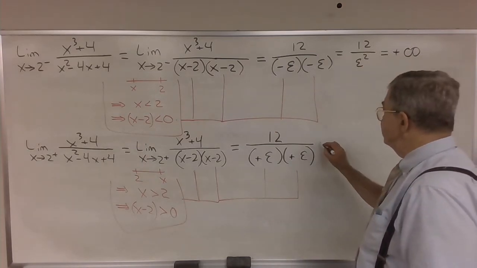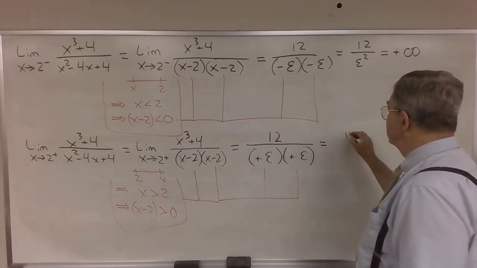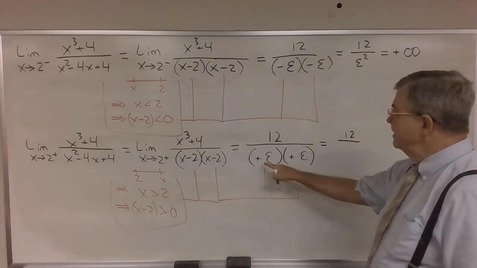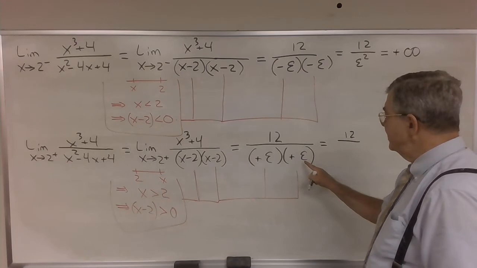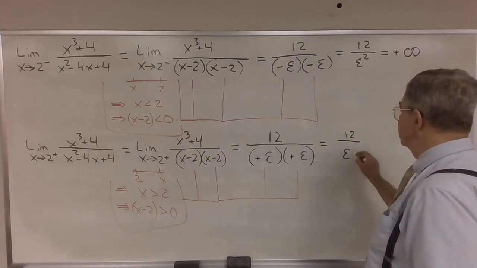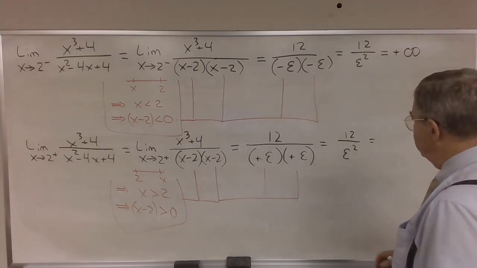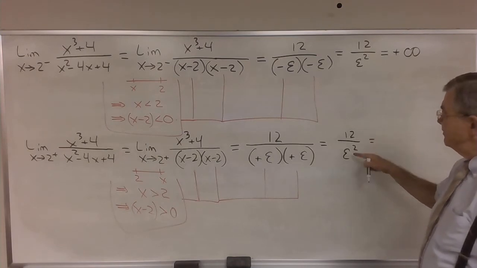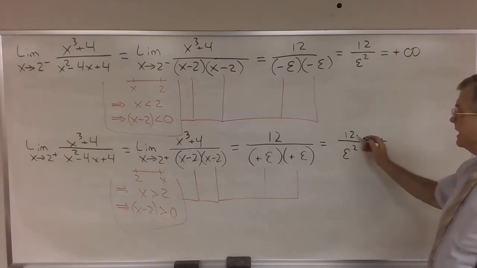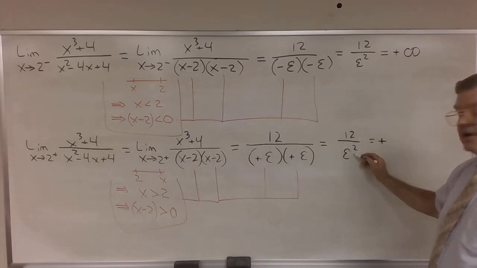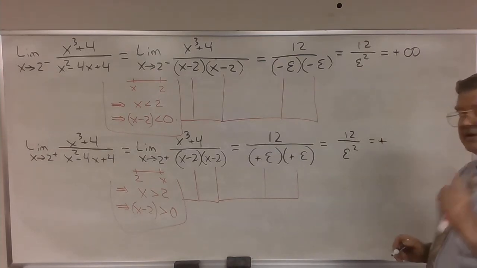And we have 12 over positive times positive is positive. Epsilon times epsilon is epsilon squared. So we have positive divided by positive is positive. Big number divided by something going to 0, that's going to be infinite.